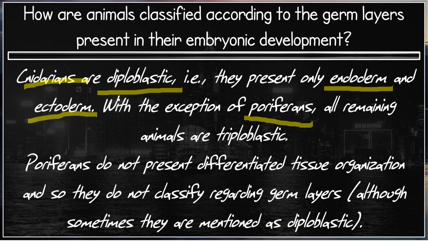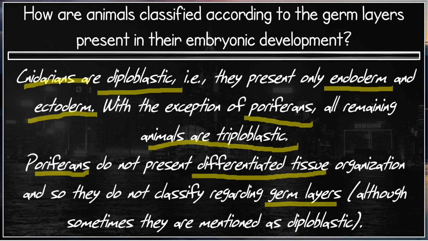All remaining animals are triploblastic. Poriferans do not present differentiated tissue organization, so they are not classified regarding the germ layers, although sometimes they are mentioned as diploblastic.